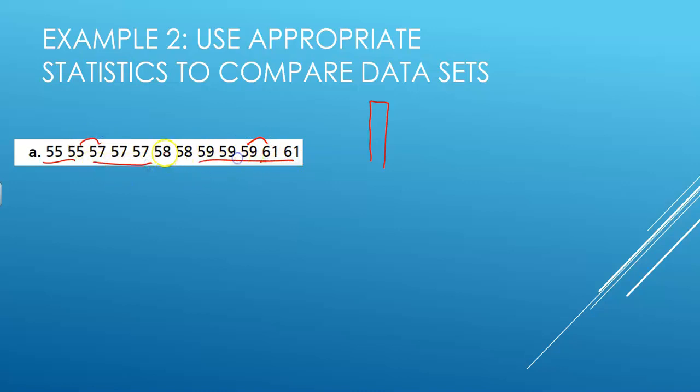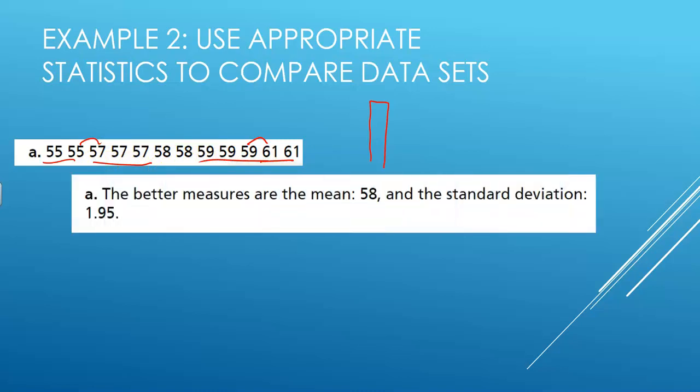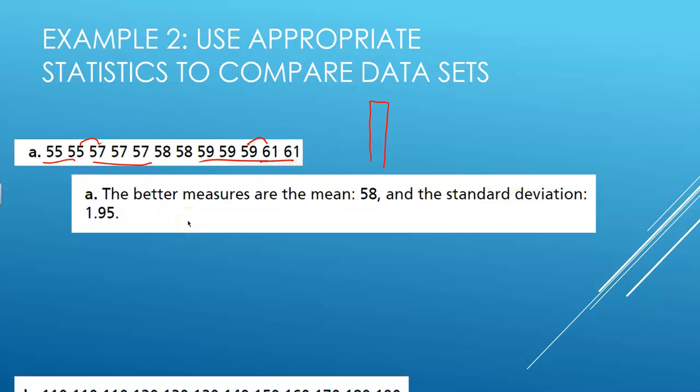So you can kind of see how that would be spread out. So this is pretty evenly distributed. So the measures of center and spread would be using mean, which is 58, and the spread would be standard deviation, which is 1.95.